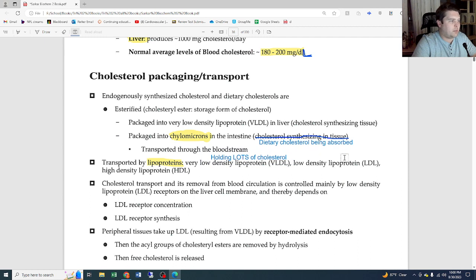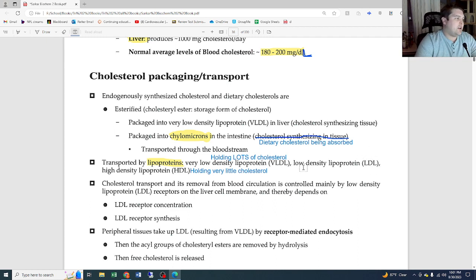The low density lipoproteins are holding less cholesterol than the very low density, and the high density lipoproteins are holding very little cholesterol. When they draw blood, these are the things they're looking at. They're looking at your VLDLs, mostly your LDL and your HDL.